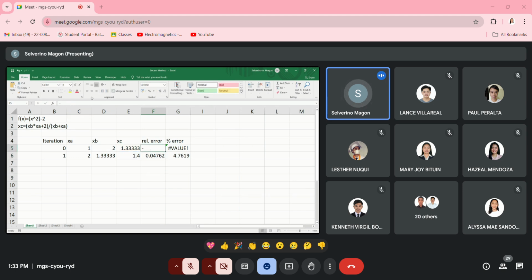Usually we can start already here, by using these two figures, so we can already solve for the relative error, and then we just multiply everything here by 100%. Fairly simple, no? So we'll need at least three columns for the solution, and then you have the rest of the error calculations.